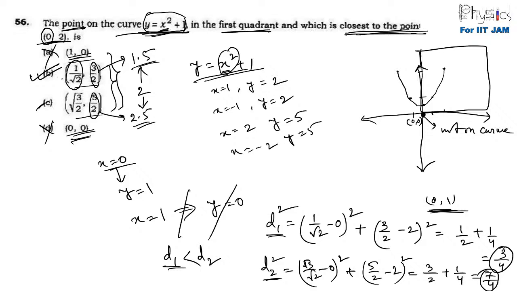Option B. Option B is our answer. 1 by root 2 comma 3 by 2 is the closest point to 0 comma 2. So our answer is option B, 1 by root 2 comma 3 by 2.